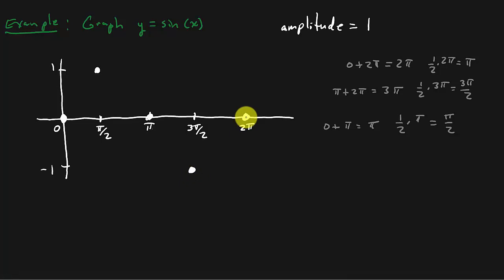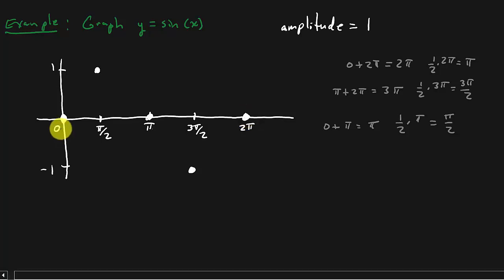Whatever period you're graphing this over, you start out at 0, maximum, 0, minimum, 0. And then you just draw in your graph. And there it is. It's that simple. What's going to change are these values here. Your maximum and minimum may change. But once you get these 5 points, that's the graph of sine every time.